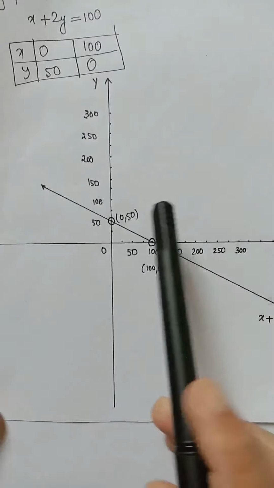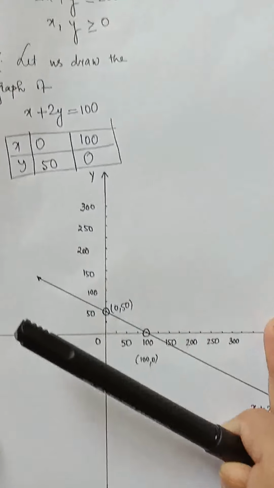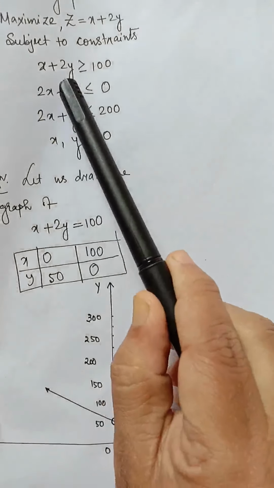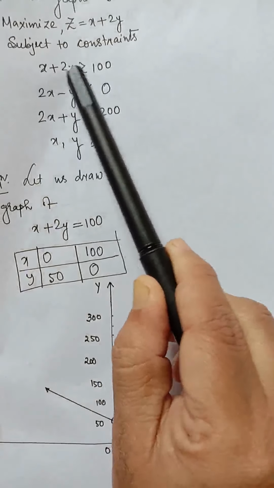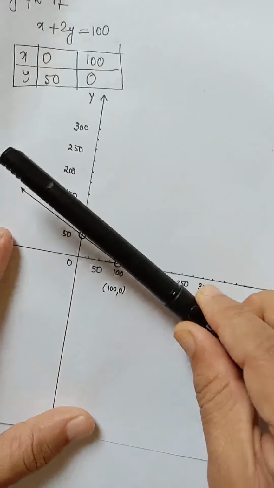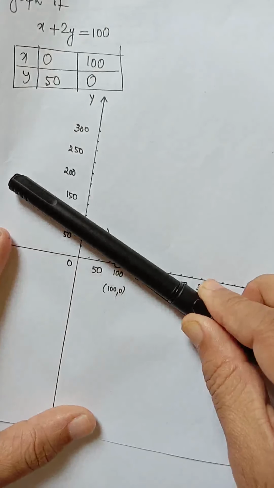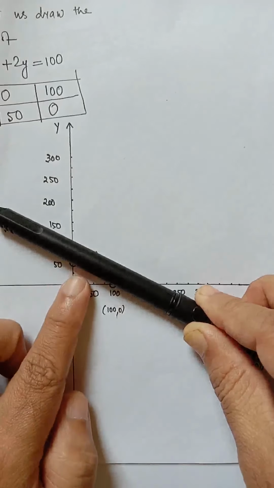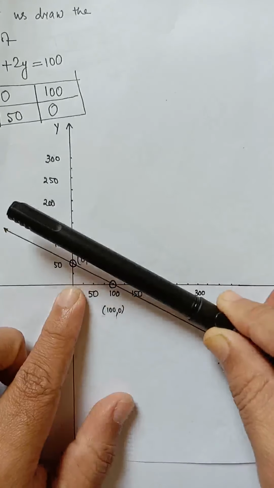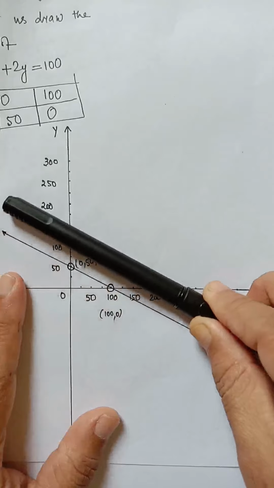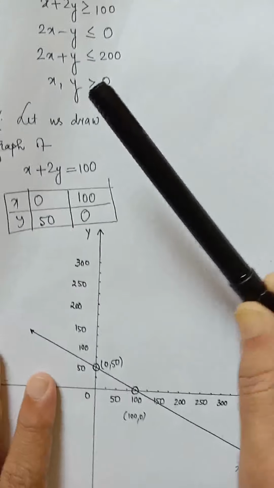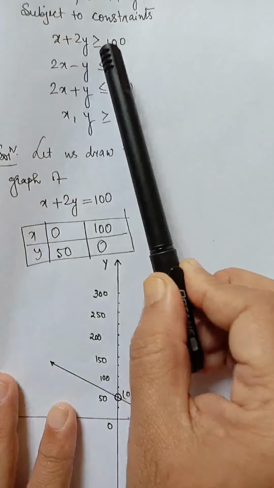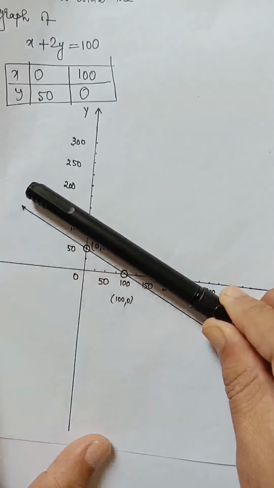So (0, 0) does not satisfy this inequation. So the solution set of x plus 2y greater than equal to 100 is the region not containing (0, 0), because (0, 0) does not satisfy the inequation. So the solution set will be this part, the region which does not contain the origin.